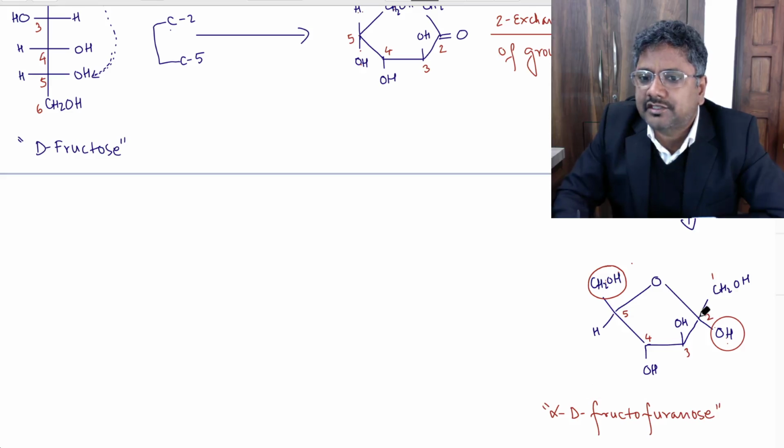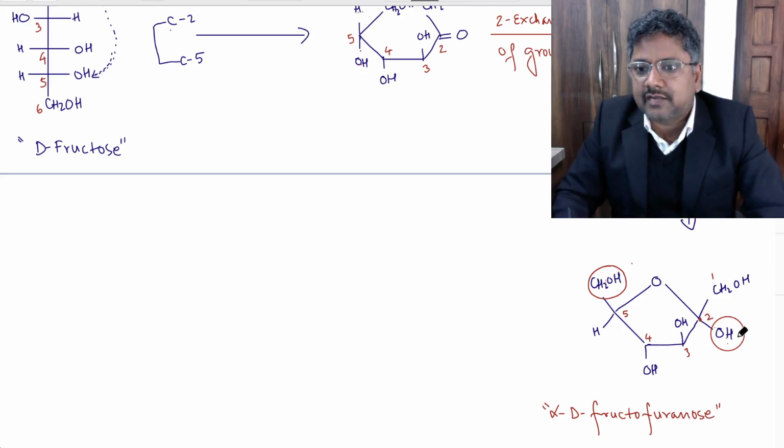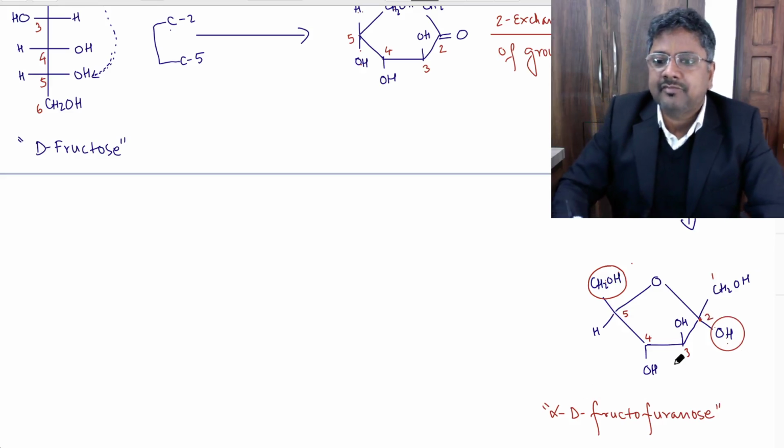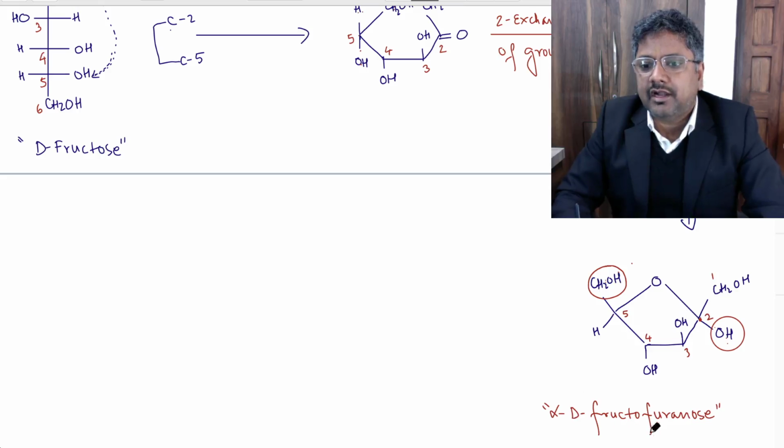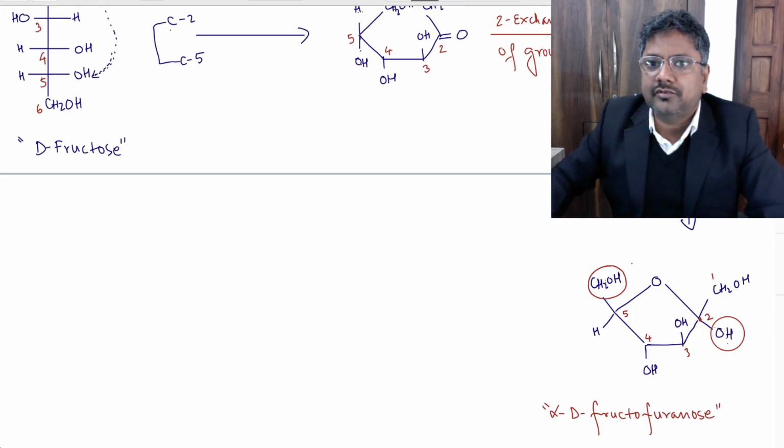Why? Because the second carbon OH is free. Okay, so this is alpha D fructofuranose. Similarly, we can draw the beta D fructofuranose.